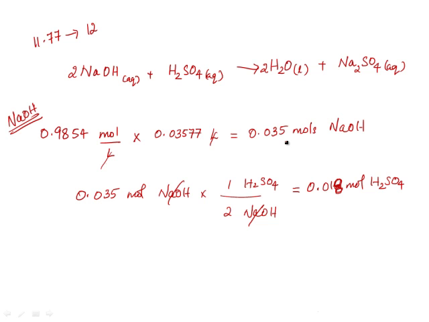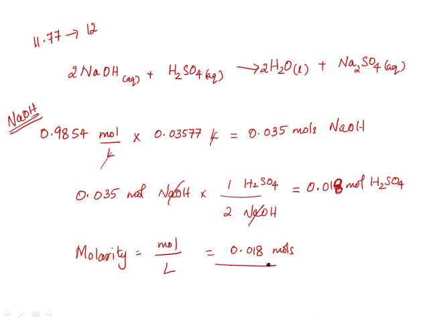Now the question is, what is the molarity of H2SO4? How do we write molarity? Moles per liter. So you need two quantities, moles and liters. Do you have those two quantities now? You do. You just calculated the moles of H2SO4, which is 0.018. That is the moles. And how many liters of H2SO4 are you using?